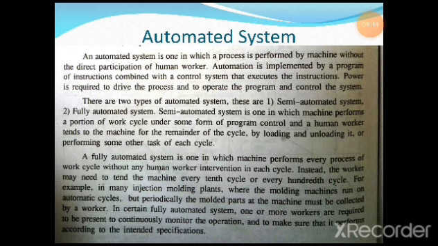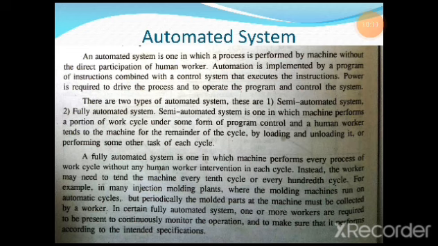In certain fully automated systems, one or more workers are required to be present to continuously monitor the operation. See, in certain fully automated systems, he is saying, not in all. To some extent he has to be present so as to observe the process and make sure that it performs according to the intended specifications.